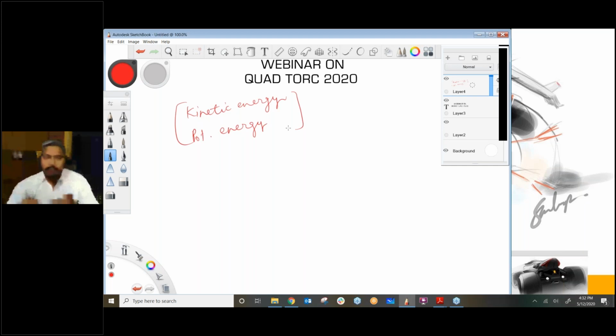So the kinetic energy of vehicle is half mv square, where m is the mass of the vehicle and v is the velocity of the vehicle at which it's traveling. The other thing is heat energy.